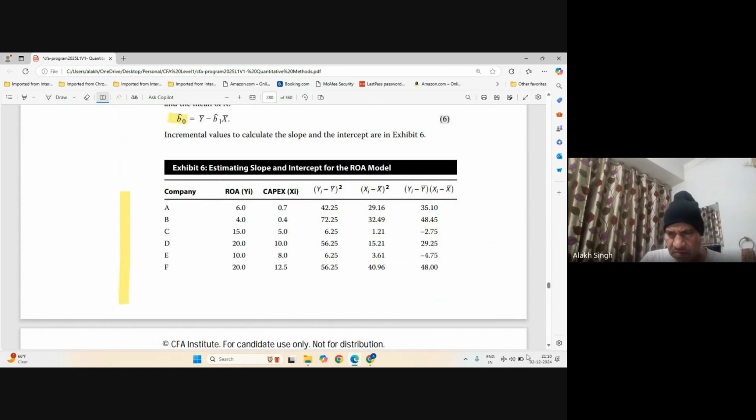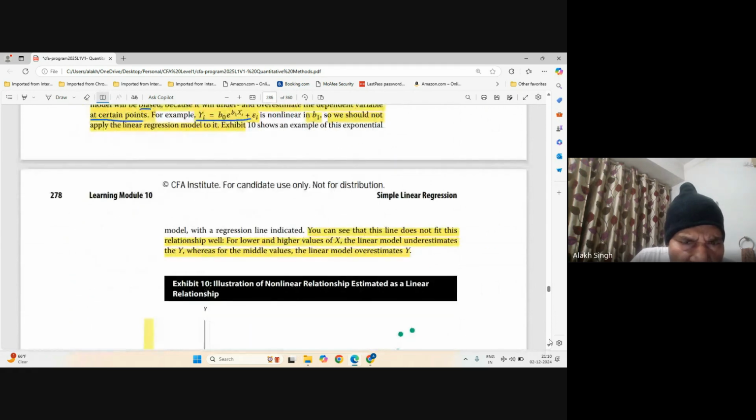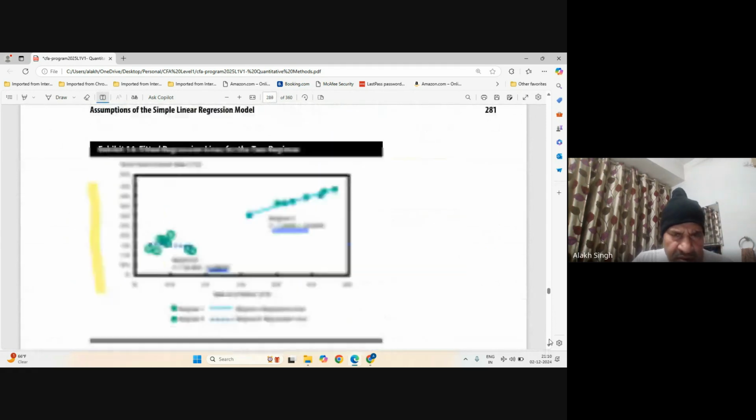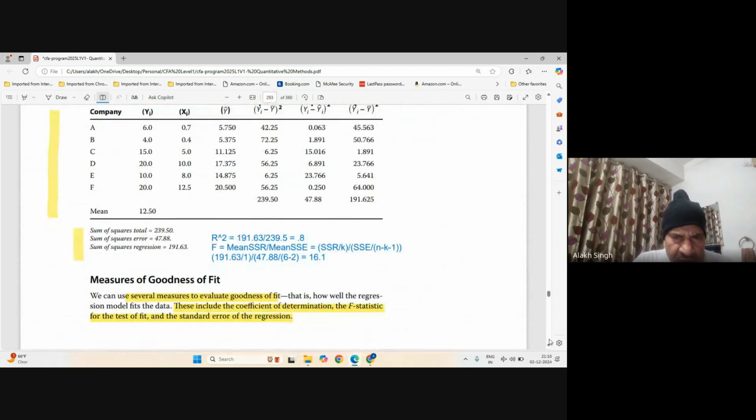Okay, let's go down. Now it is telling exhibit 39, but there is no exhibit 39. We were at page 295.